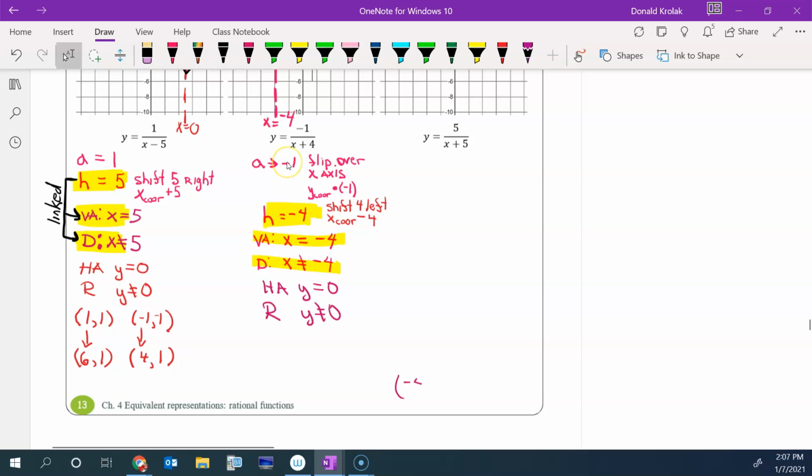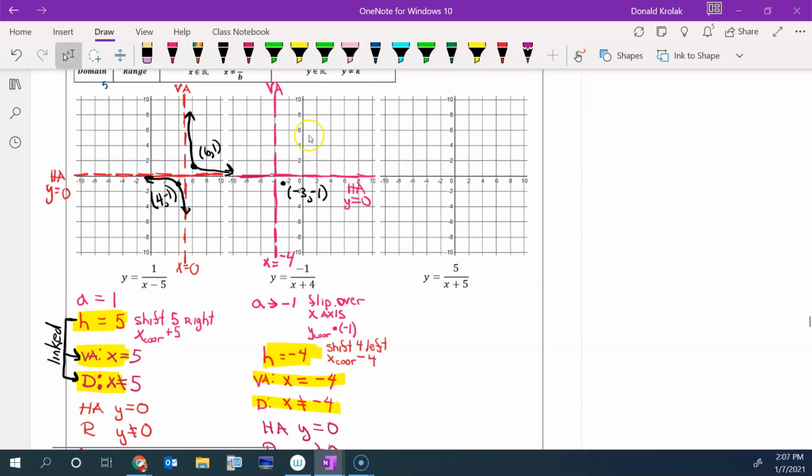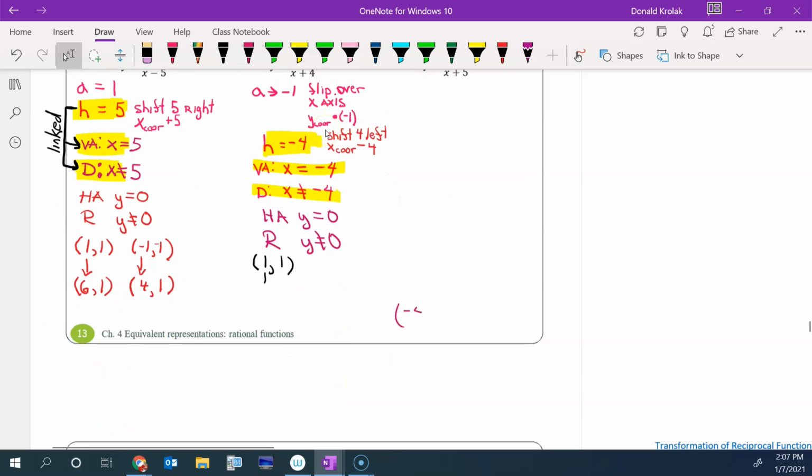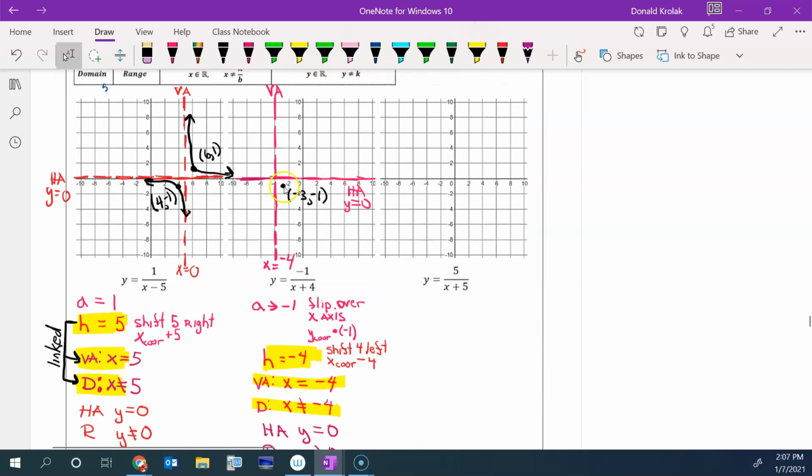Okay, now down here it looks like this. Okay, I took this and I subtracted 4, and I took this guy and I did it by -1. And that's how I got that point.